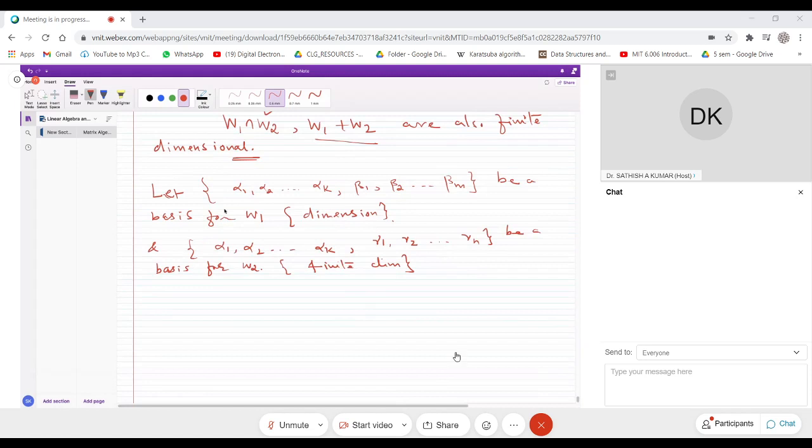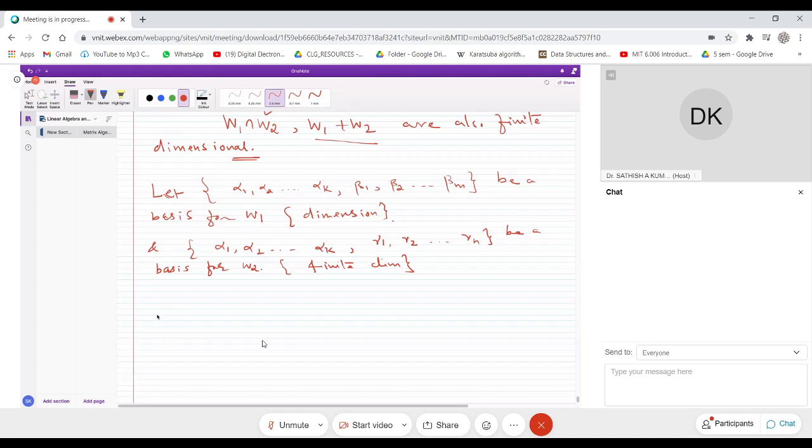Now you see, alpha 1, alpha 2 to alpha k, beta 1 to beta m are vectors in W1, and it is a basis. Similarly, alpha 1 to alpha k, gamma 1 to gamma n are the basis in W2. So the intersection will be what? Alpha 1 to alpha k, because the common vectors are alpha 1 to alpha k. That is my aim, so I just assume that.